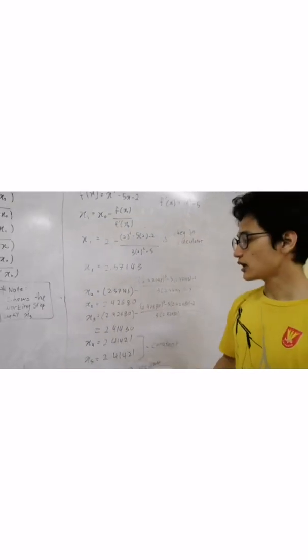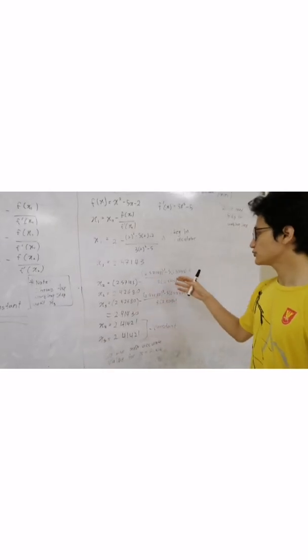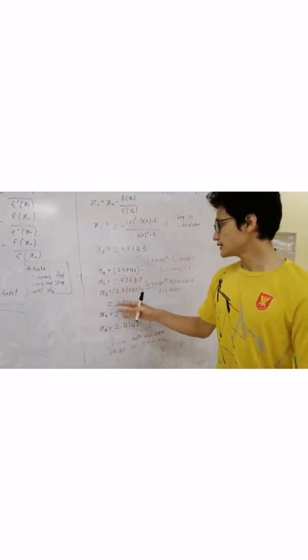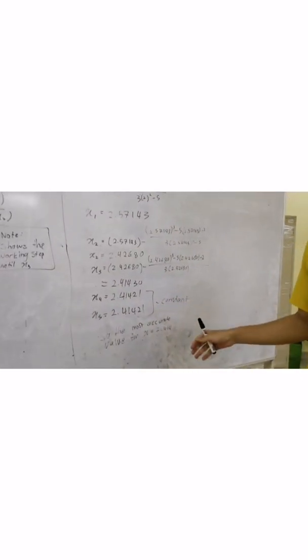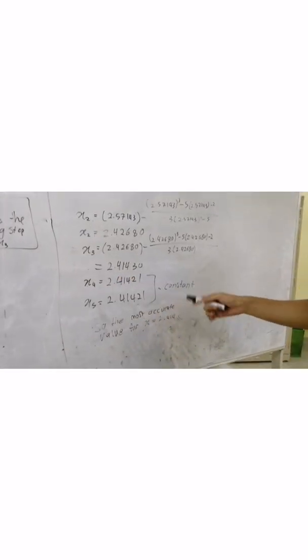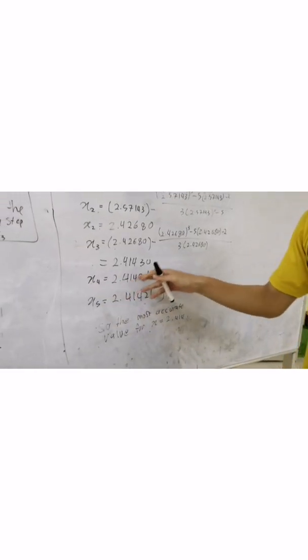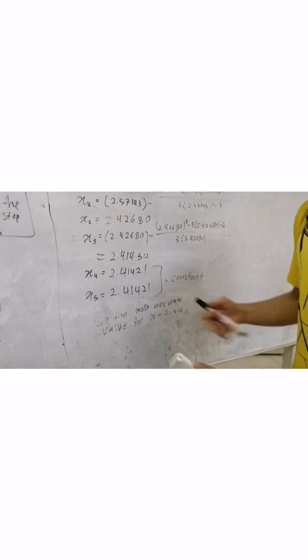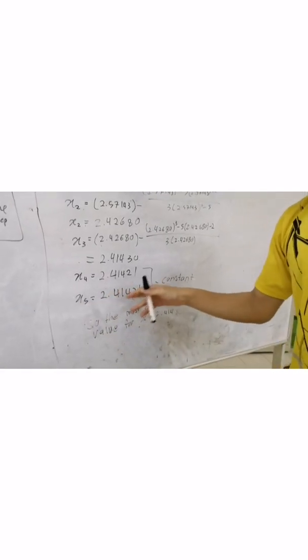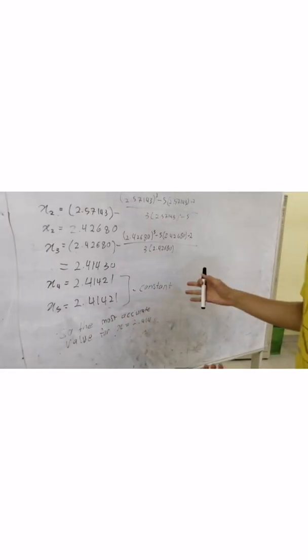Then you just repeat the process, showing the working steps until you get a constant value. The x4 is 2.41421, and the value for x5 is 2.41421, and the value is constant.